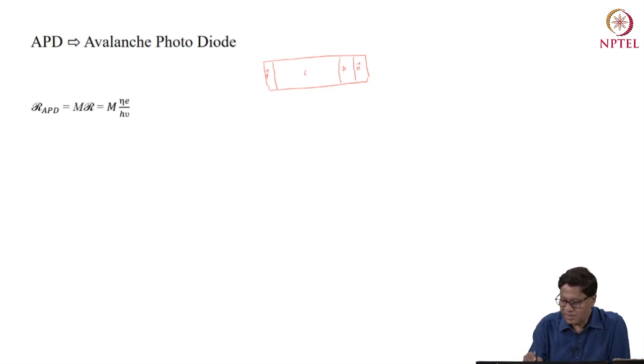This device is reverse biased, but heavily reverse biased with a very, very high value. I'm making more cells here, which indicates that it is a high reverse bias.